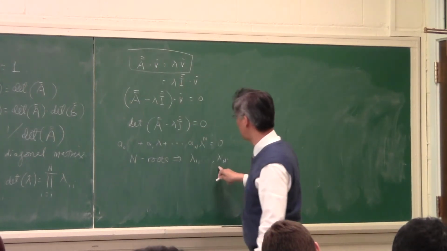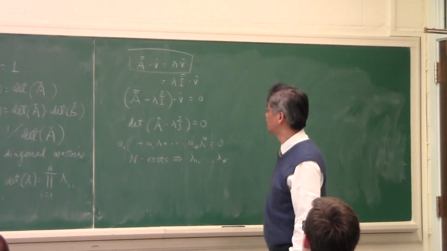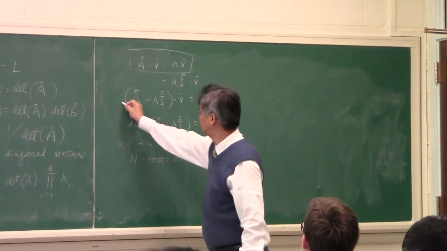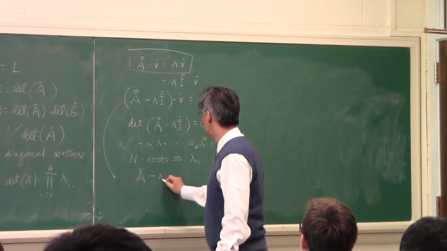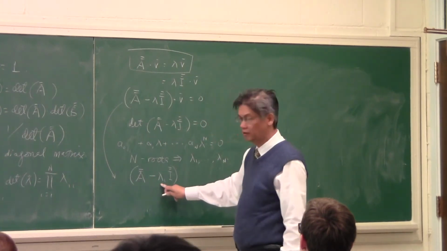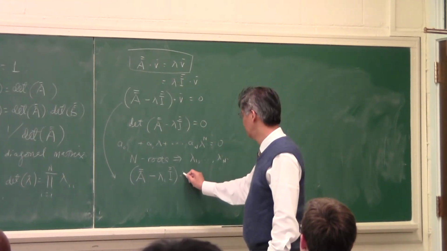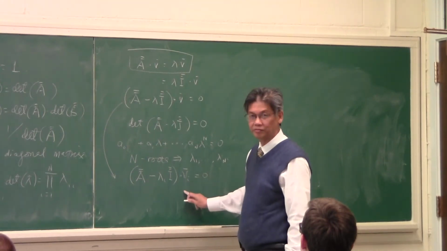If you plug in the values that you have found into this first equation, then you go back to this equation to find a specific eigenvector associated with a particular lambda that I have found, and that would be the eigenvector that satisfies this equation.